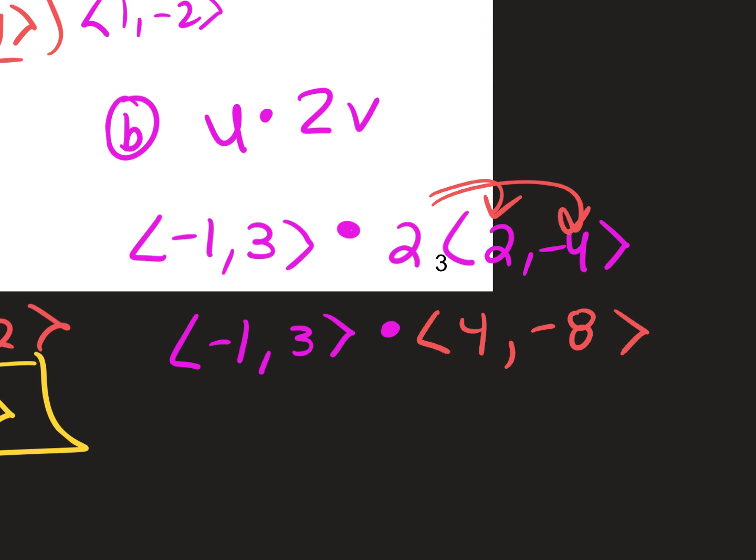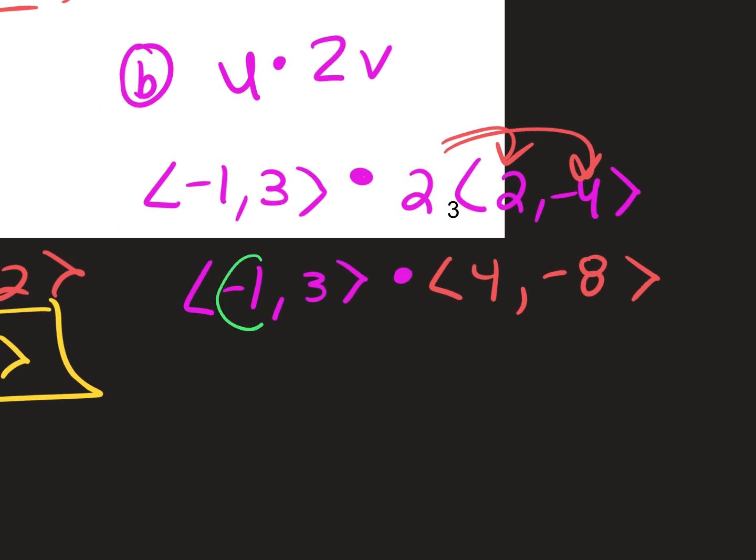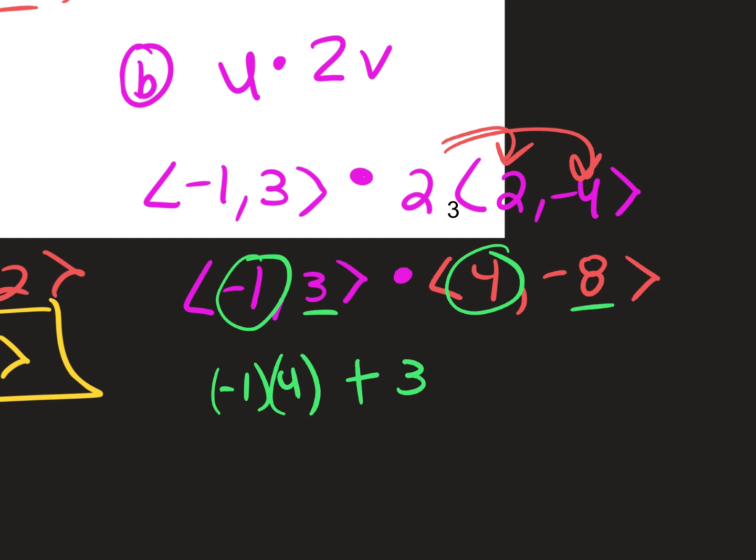Now we're going to find the dot product. It told us to find the dot product. But when you guys do that, should your answer be in vector form or is it one singular answer? One singular answer. Good. So it's first times first, so -1 times 4 plus second times second, so 3 times -8.